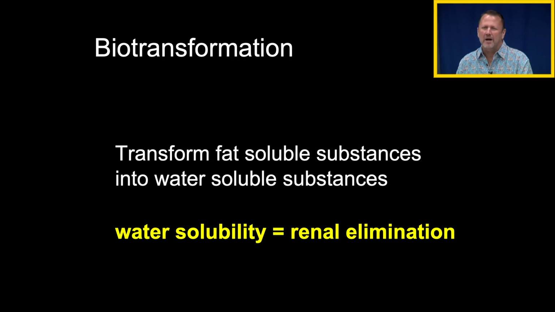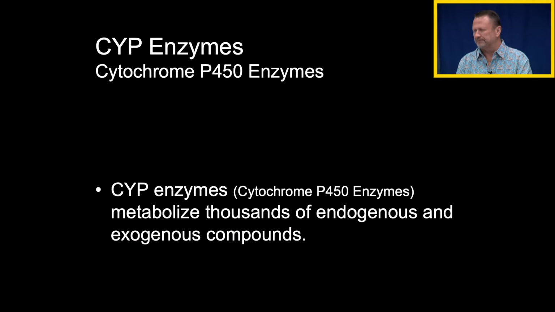What we're trying to do is make these fat-soluble substances water-soluble so they can be easily eliminated by the kidney. And so regardless of what kind of transformation systems you use, or the transformation systems that you study, you'll see that the philosophy of the body is to add water solubility to these fat-soluble substances.